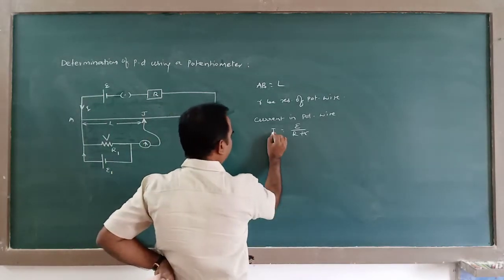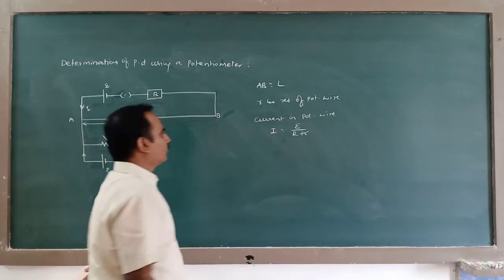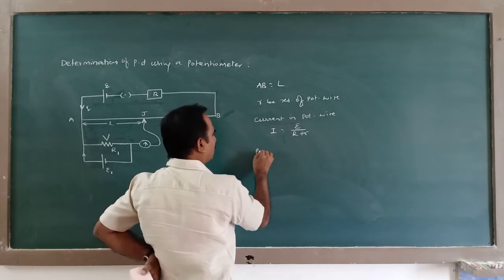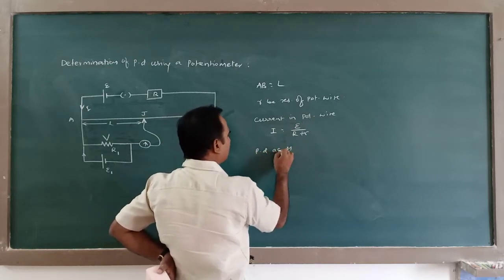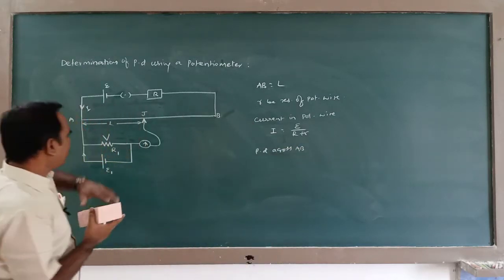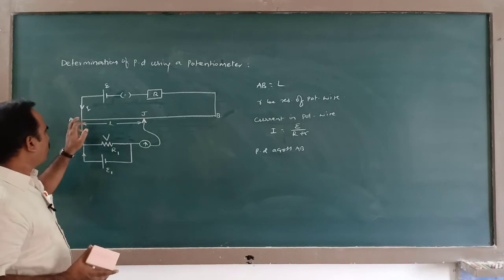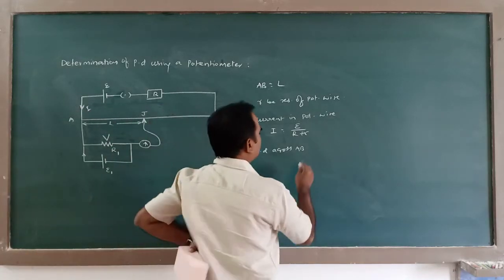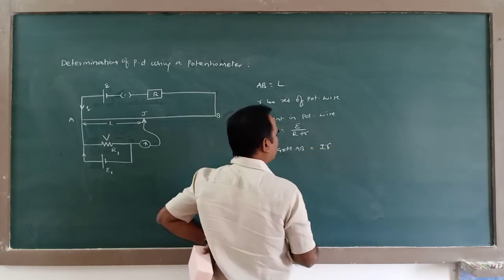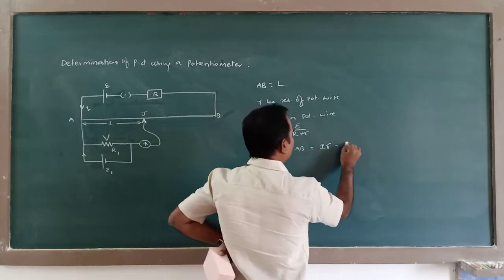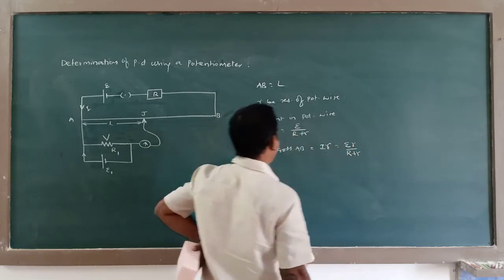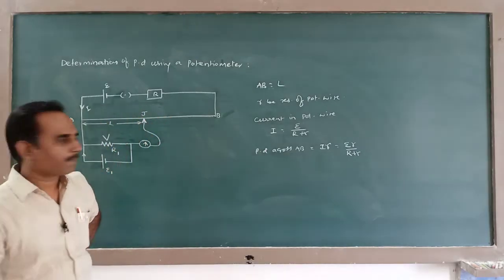So this is the current in this potentiometer wire. Therefore, the potential difference across AB, in the absence of the secondary circuit, is this current into the resistance of the wire R. So this is ER divided by R plus R. This is the potential difference across AB.